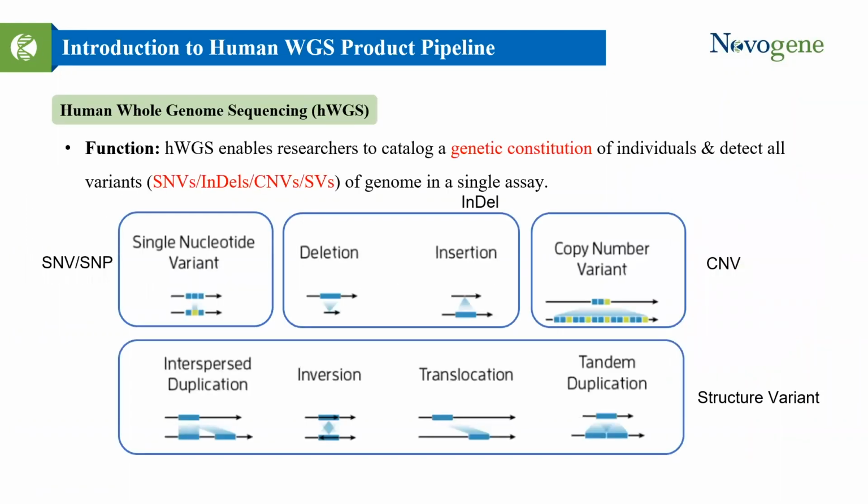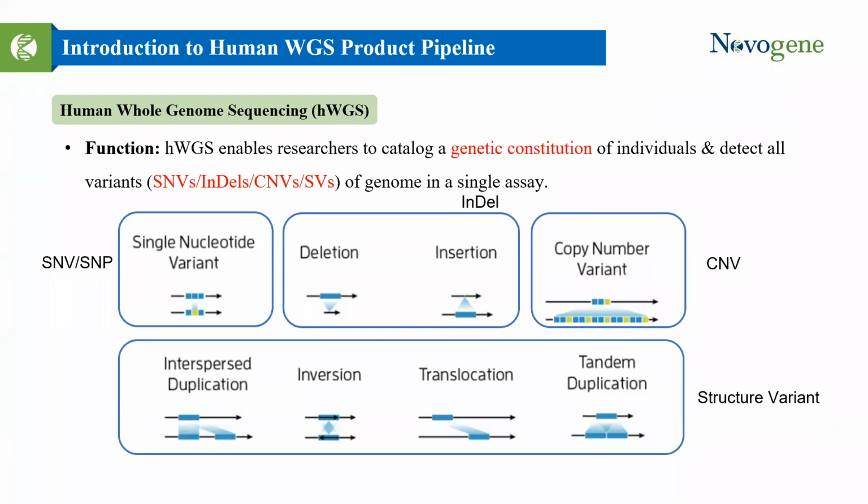So, what can human hWGS be used for in your research? Normally, with the help of human hWGS, researchers can gain information on the genetic constitution of individuals and detect all kinds of genetic variants simply by doing one single assay.